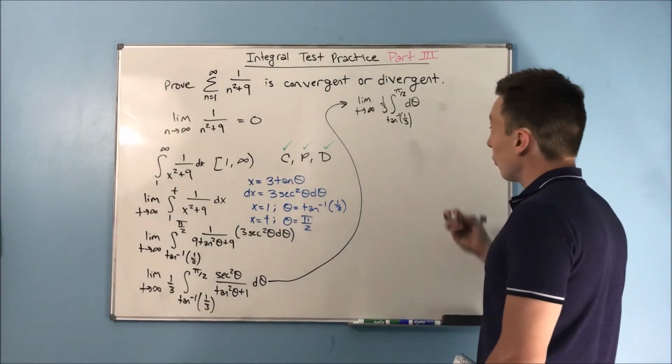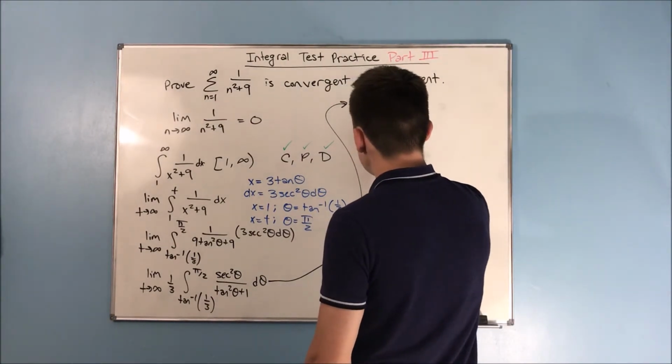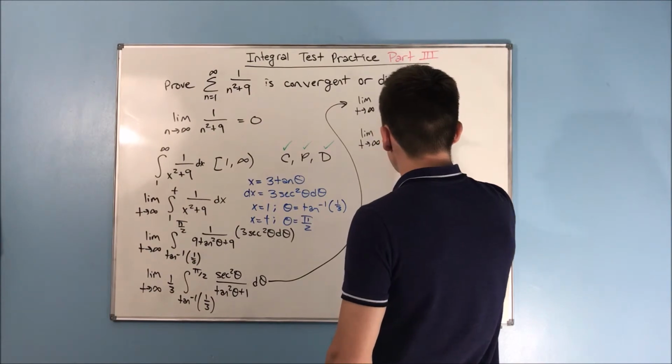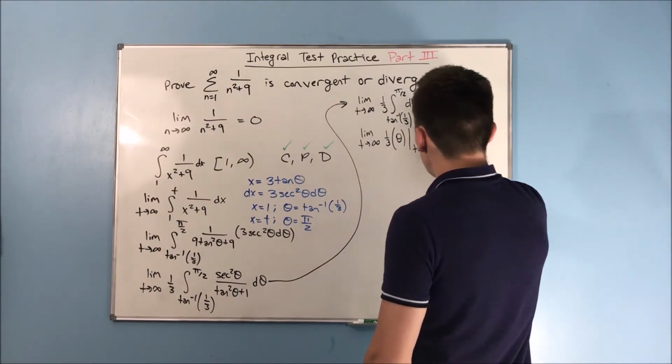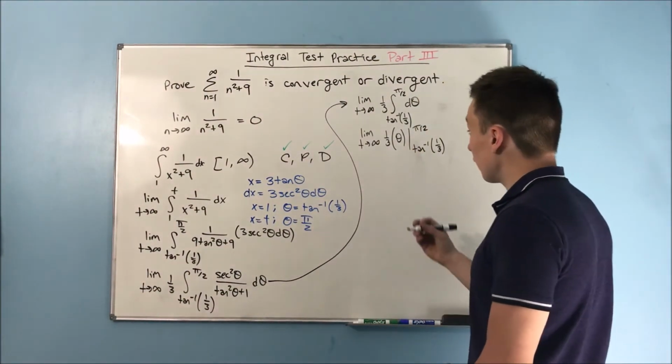Now all we have to do is do our integral. We get the limit as t approaches infinity of 1/3 times theta, evaluated from the inverse tangent of 1/3 to pi over 2.